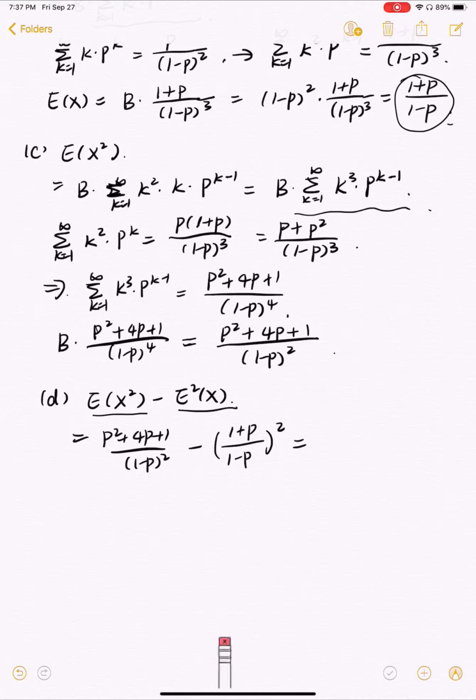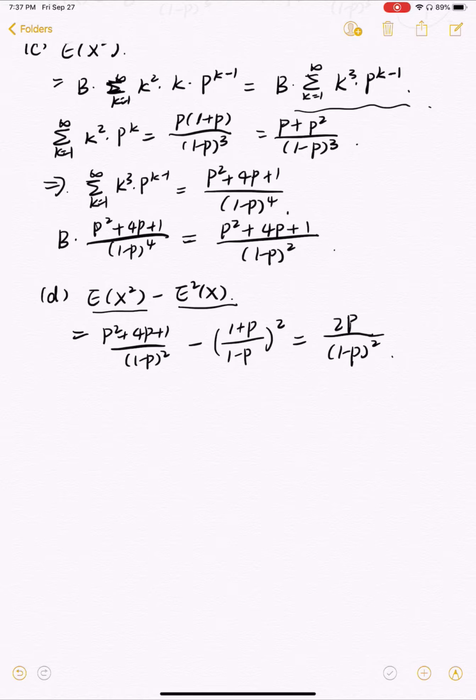And we could get 2p divided by 1 minus p to the square. That's the result of question D.